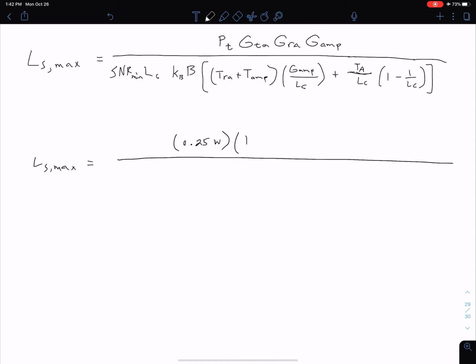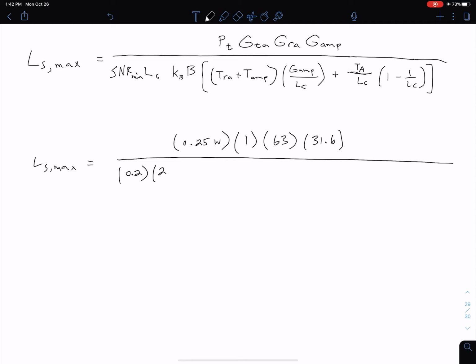Gain of our transmitter antenna was 1, gain of our receiver antenna was 63, and gain of our amplifier was 31.6, roughly. Our minimum signal to noise ratio after we converted it to a linear scale we found was 0.2.